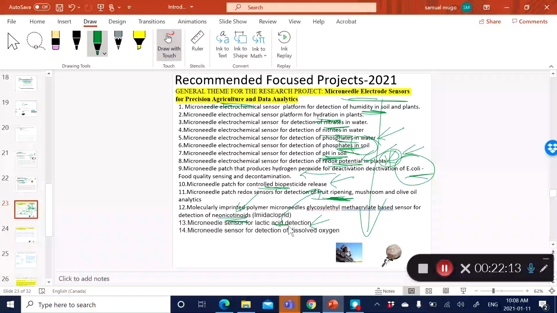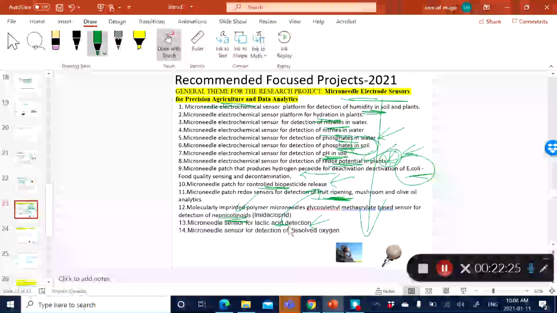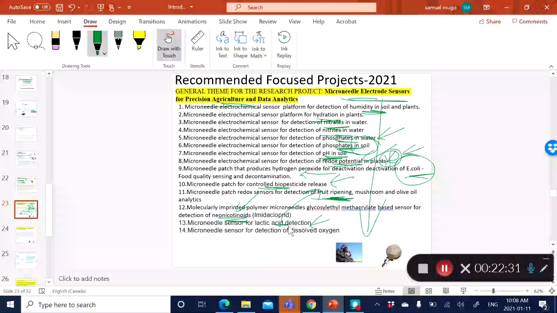If a plant or a fruit still has a lot of lactic acid content, that means it's not very ready, so it can be used for things like monitoring whether grapes are ripe and so forth.